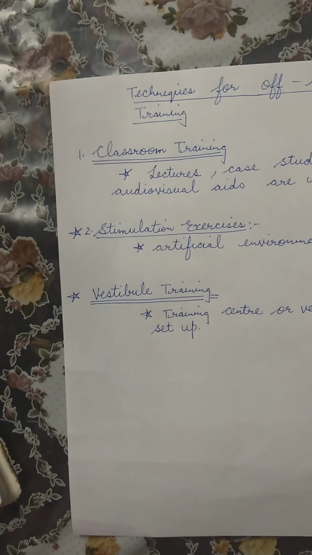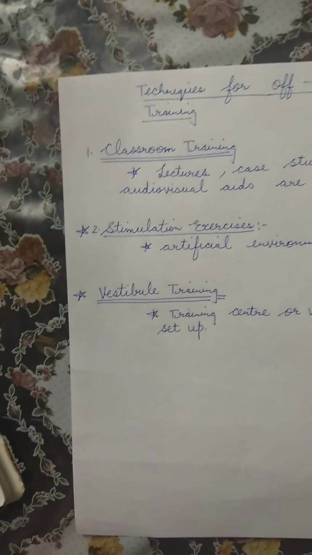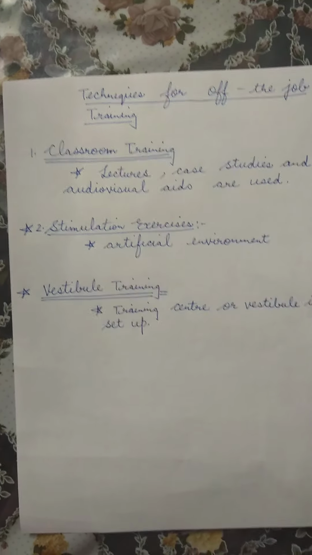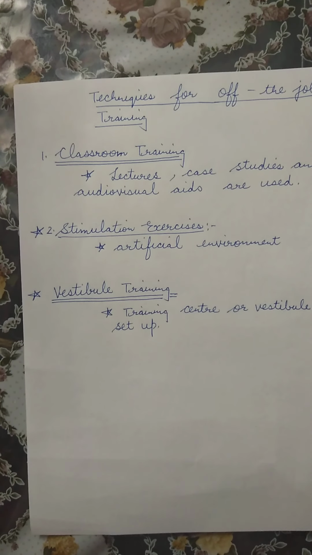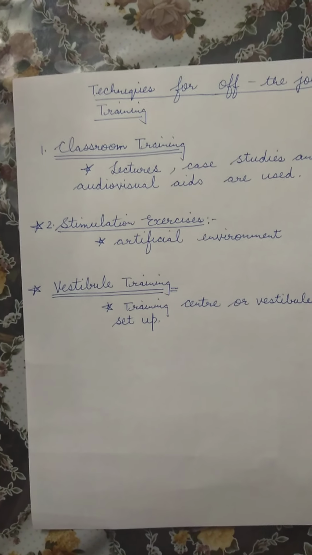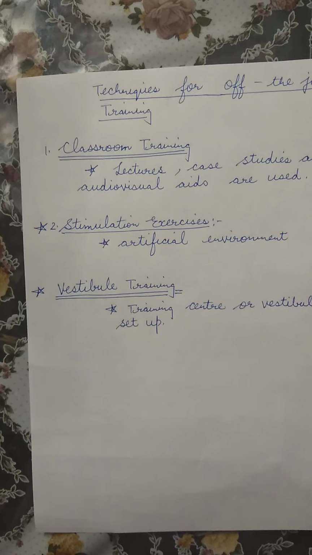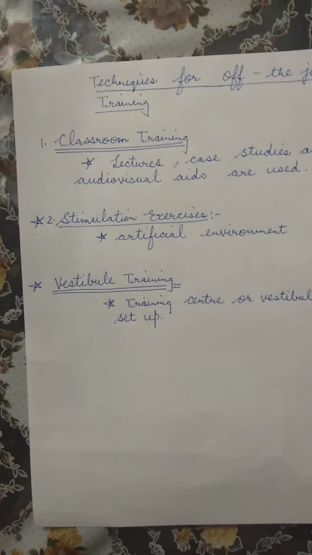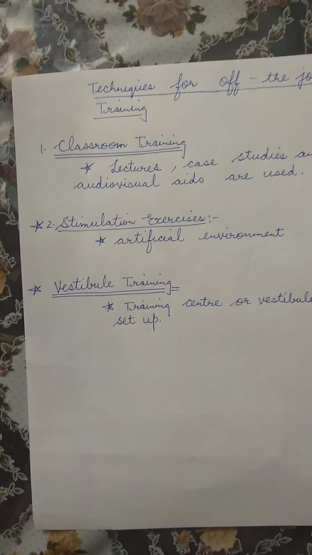The trainee will be trained by letting them use equipment which is a duplicate of the original equipment they would be using on the job, so that they have hands-on experience on the equipment.